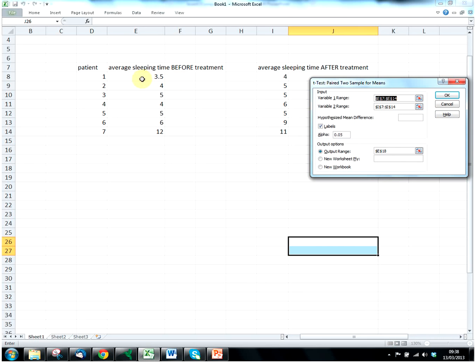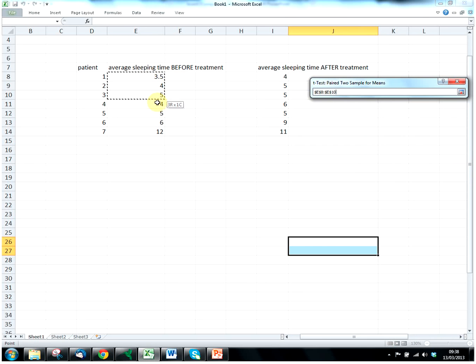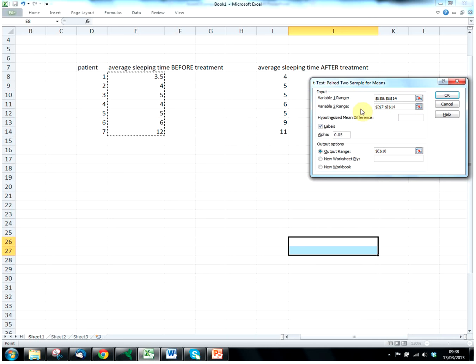Here this is the variable, the first range, that is the before treatment. Here we say this is the second treatment, and we don't need to say anything about the hypothesized mean difference, because our null hypothesis claims that there is no difference, so that would be 0, or we don't have to put anything in.